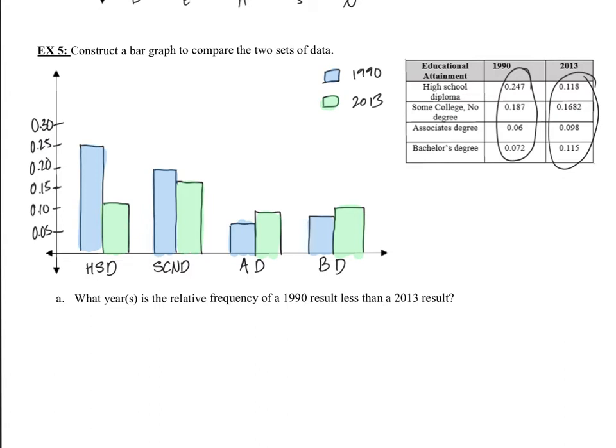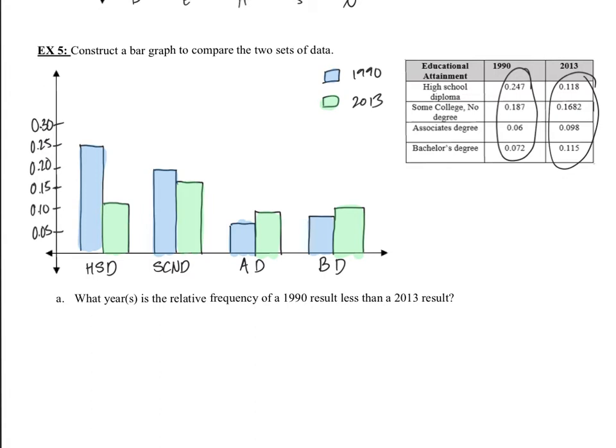So what does this visually help us decide? Well, in the high school diploma category, there were actually more people getting a high school diploma in 1990 than in 2013. So getting a high school diploma actually dropped. But oddly, getting a bachelor's degree went up, and so did getting an associate's degree.